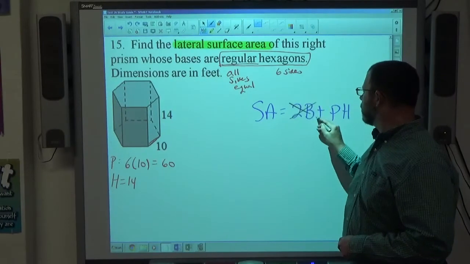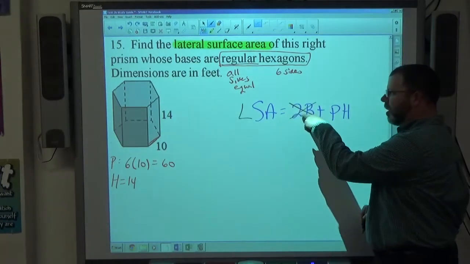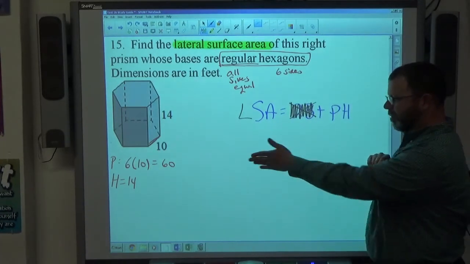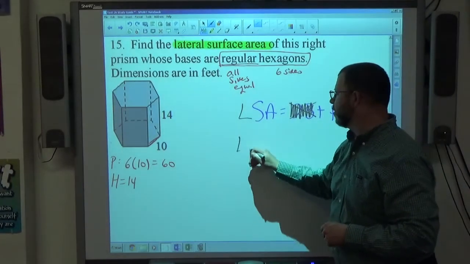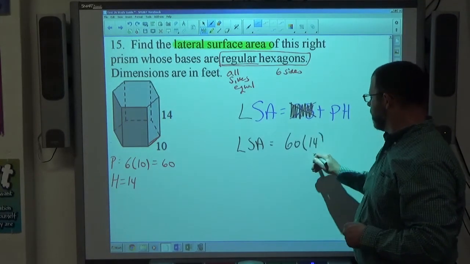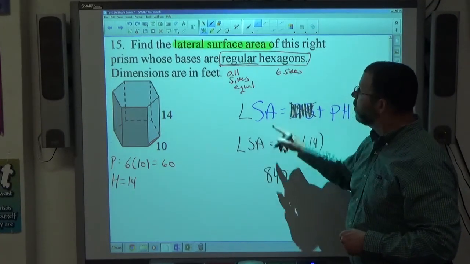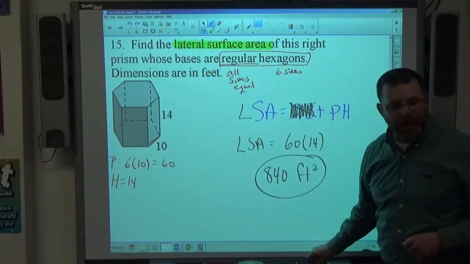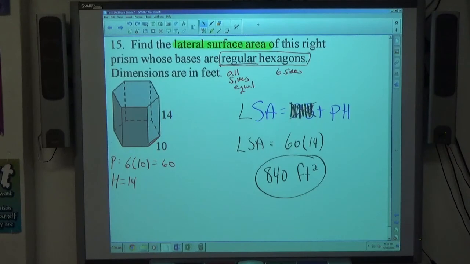So if I want to find lateral surface area, I simply cross off the 2B. It's just P times h. We know what P and h are, so the lateral surface area in this case is simply going to be 60 times 14, which is 840 feet squared. And it will be lateral surface area on the test, so you should expect to be able to handle that when it comes time to do it.